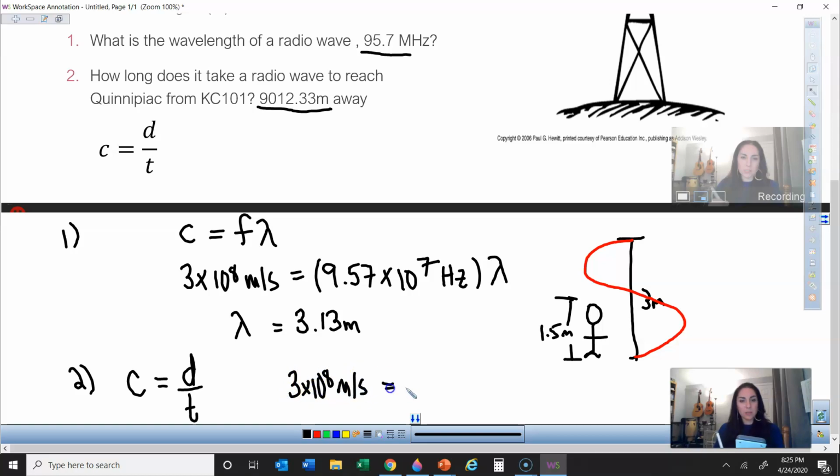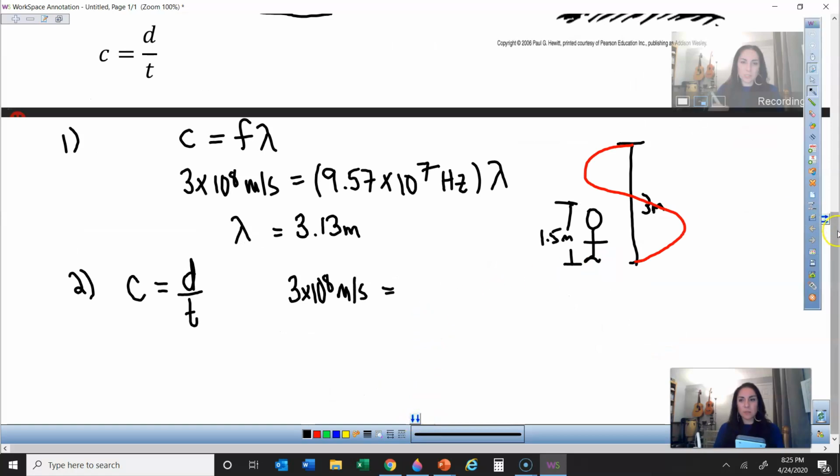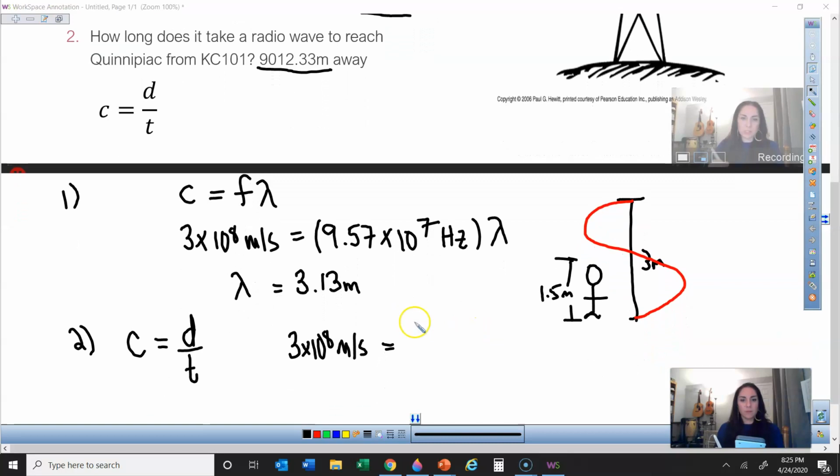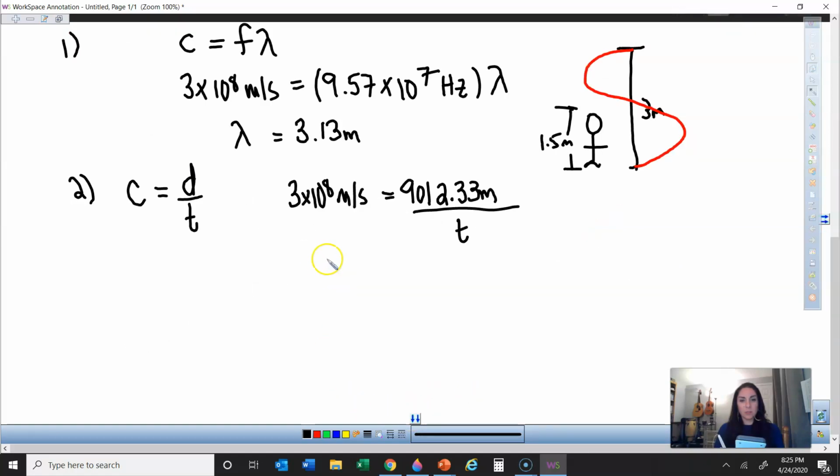Here the speed is equal to the distance over time. Of course, I just scrolled this down before I read the number. It's 9012.33. This is a real number, in case you were super curious. And then I'm going to divide 9012.33 by the speed of light.